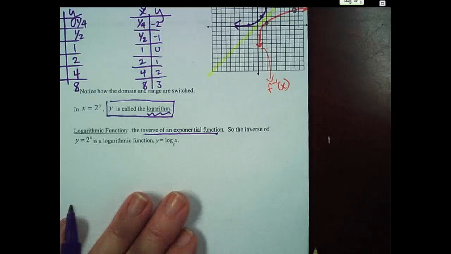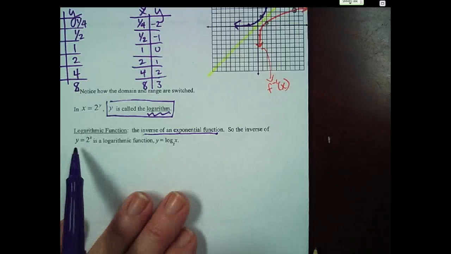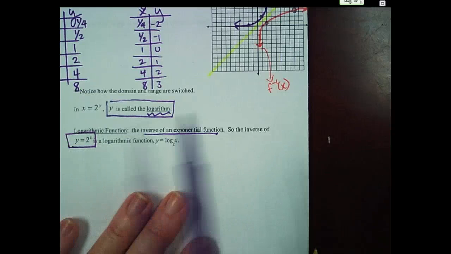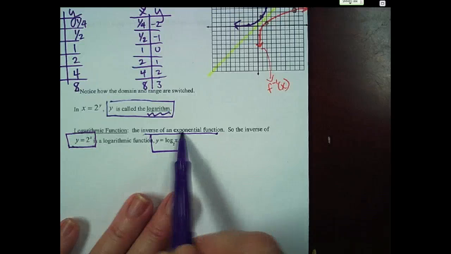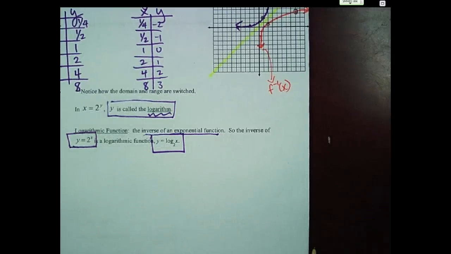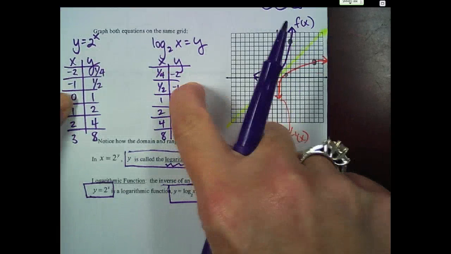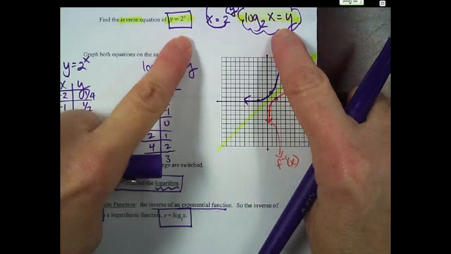So if you had y equals 2 to the x and you flipped x's and y's and solved, you're going to get y equals log base 2 of x. We just proved that. And there it is graphically, there it is in a table, and there it is mathematically, all 3 ways.